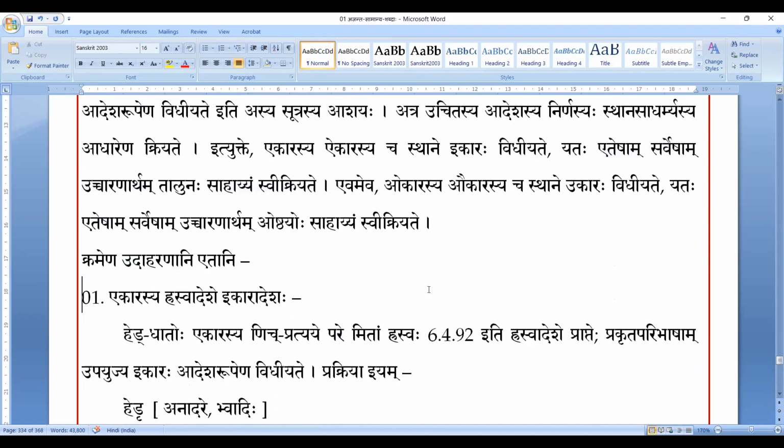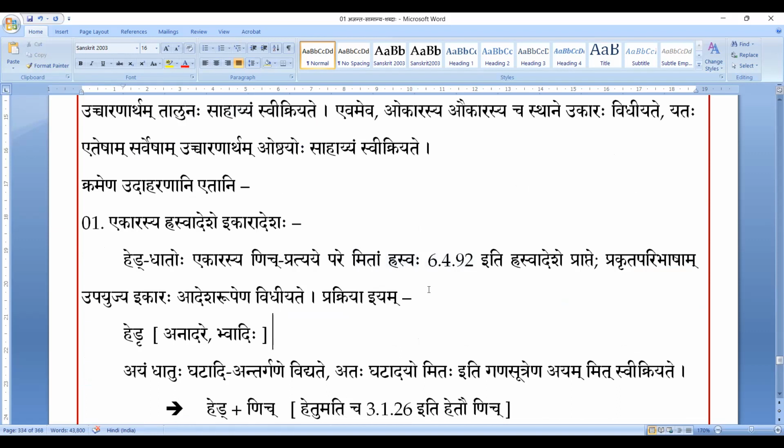Example part we will see now. When Raswadesha is done for Ekara, Ikaradesha, for the root Ed. The root Ed plus Nich, Nijanta rupam of this dhatu.